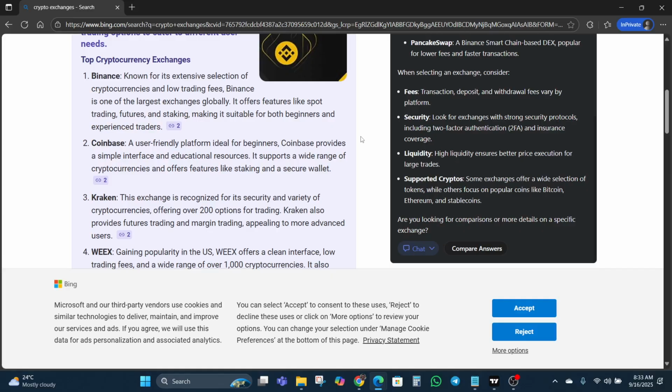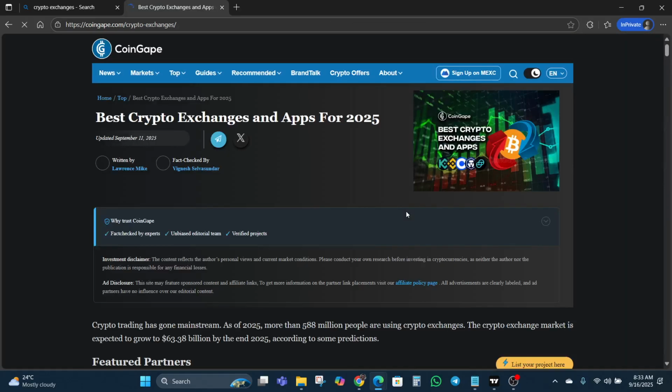Step two is registering your account. Now, on most exchanges, this begins by providing your email address, creating a strong password, and confirming your email.